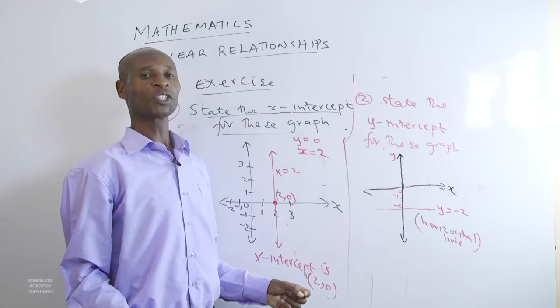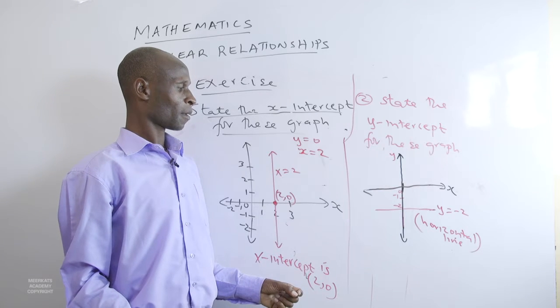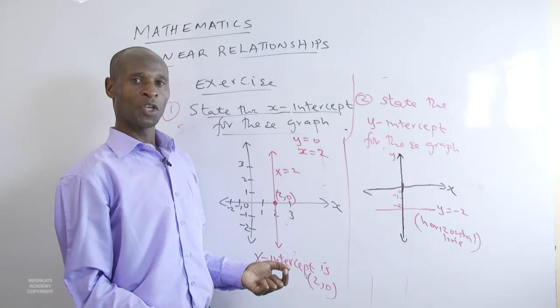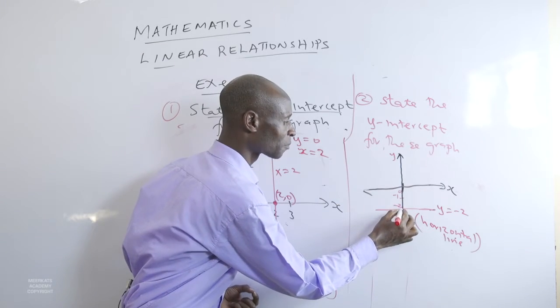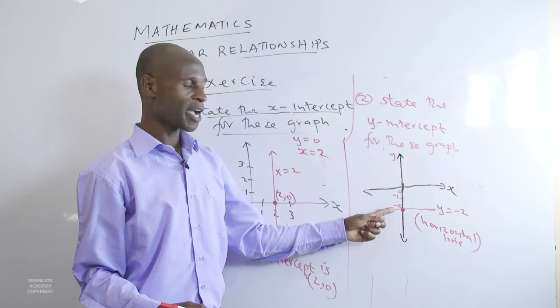It is a horizontal line. So using this particular graph, you will find that it is cutting the y-axis at the point y is equal to -2.